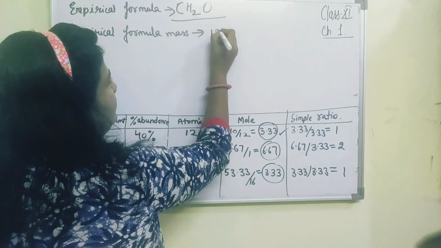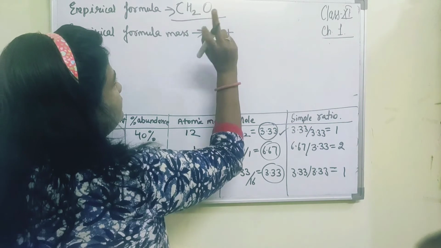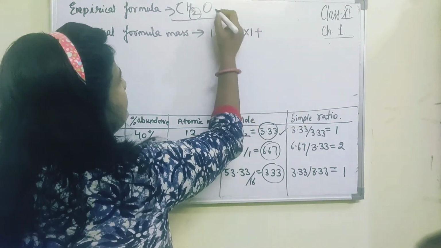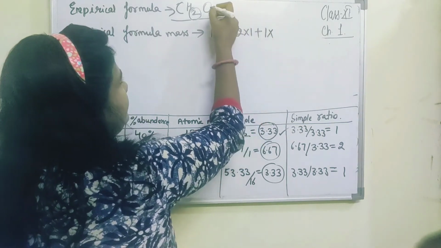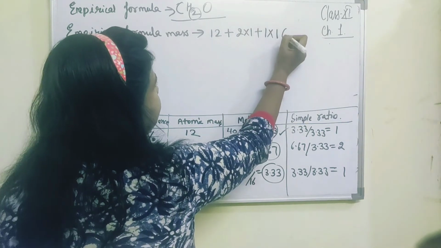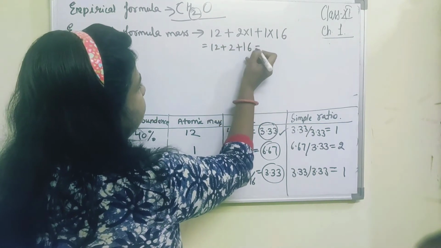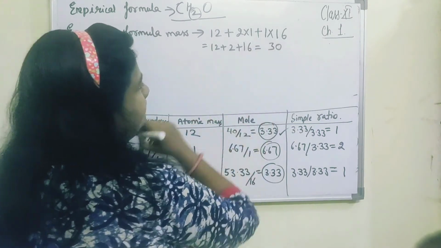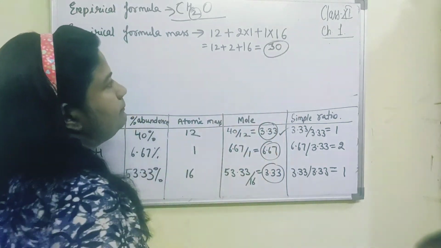Carbon 12 gram plus hydrogen, atomic mass of hydrogen 1 and number of atoms 2, so 2 multiplied by 1, plus the number of atoms of oxygen 1 multiplied by its atomic mass 16. Then 12 plus 2 plus 16 is 30. Okay, so 30 is its empirical formula mass.